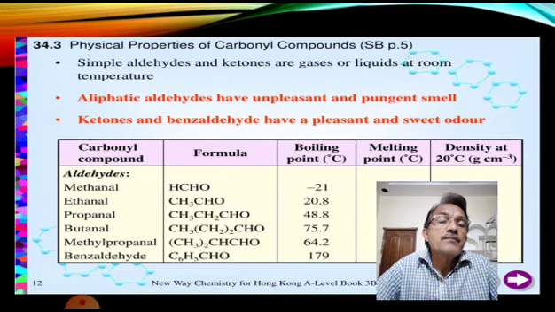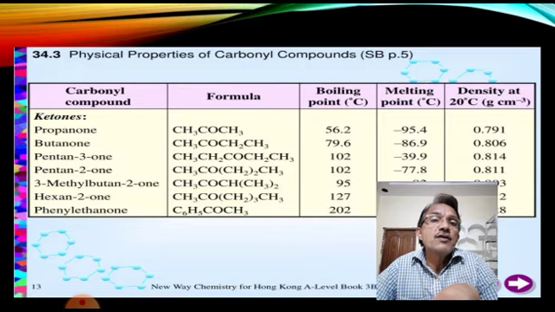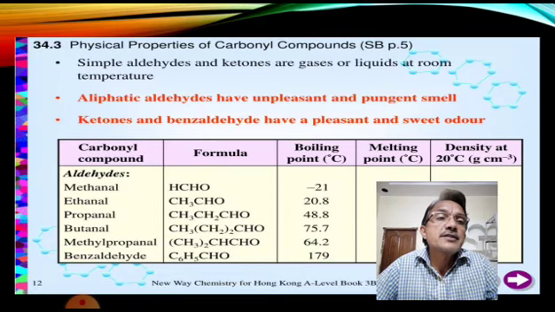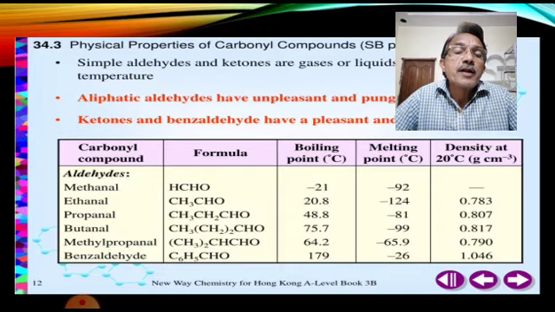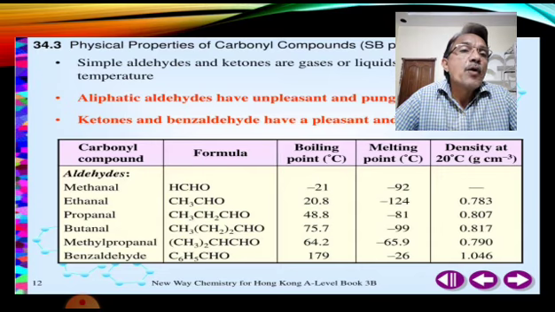Next, you can see the boiling points, melting points and densities of different aldehydes: methanal, ethanal, propanal, butanal, etc. From methanal to butanal and so on, as the molecular weight of an aldehyde increases, boiling point values are also increasing, and melting point values are also increasing.